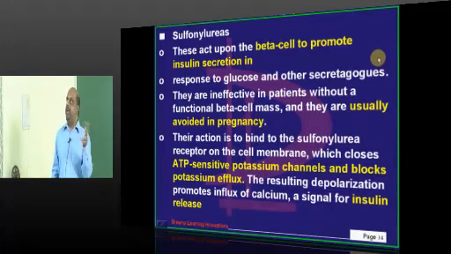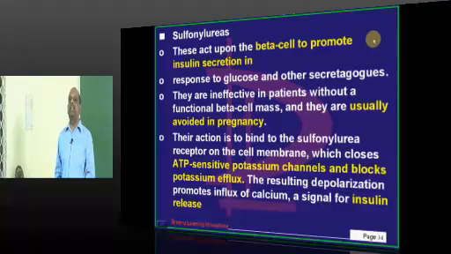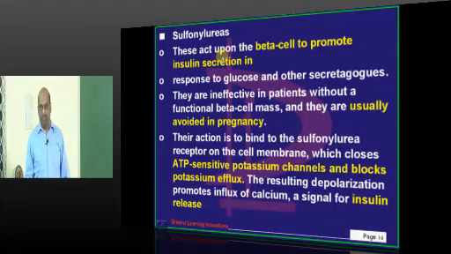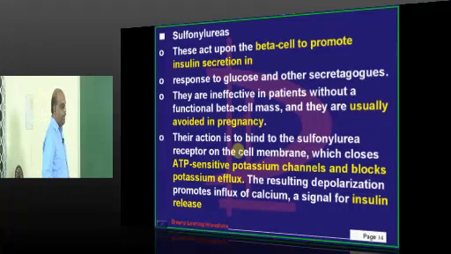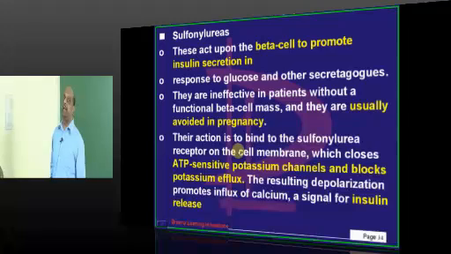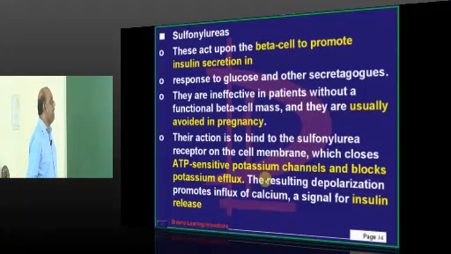That's the reason type 1 diabetics don't have beta cell mass; for them, sulfonylureas become ineffective. Similarly, sulfonylureas are usually avoided in pregnancy, is what needs to be remembered.